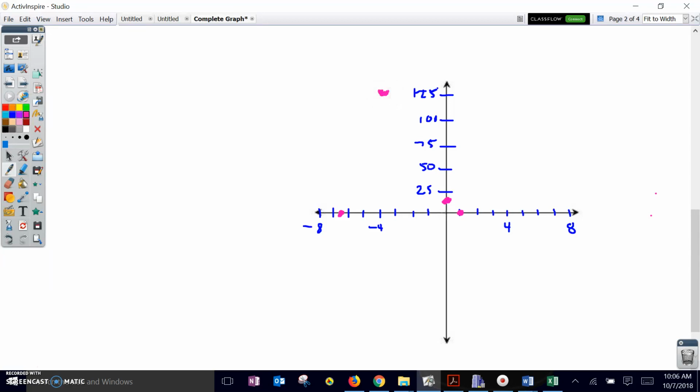And then let's see, what else? What am I missing? Oh, my point of inflection at negative 1.5, 62.5. And now do I have all the points plotted? Roots, y-intercept, point of inflection, minimum, maximum.